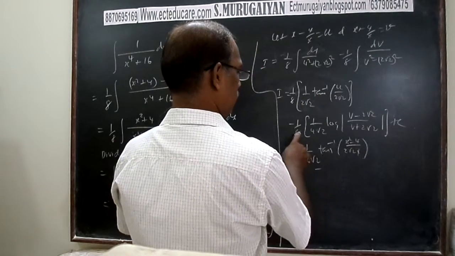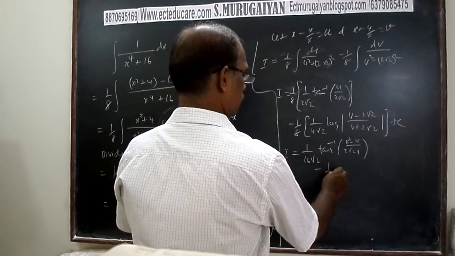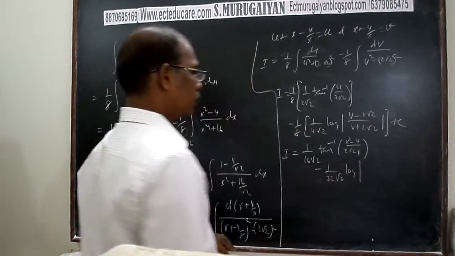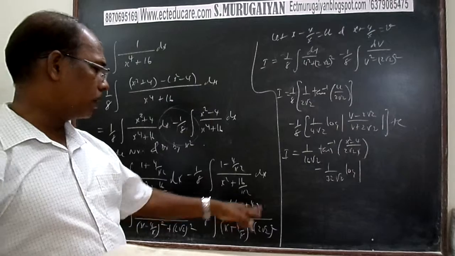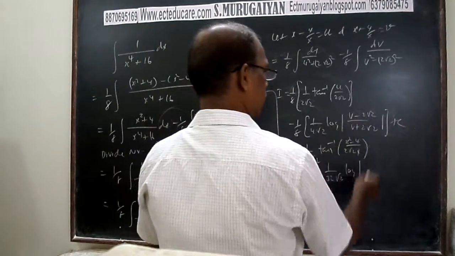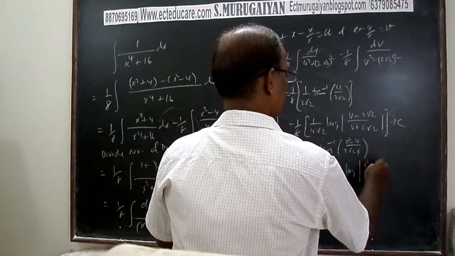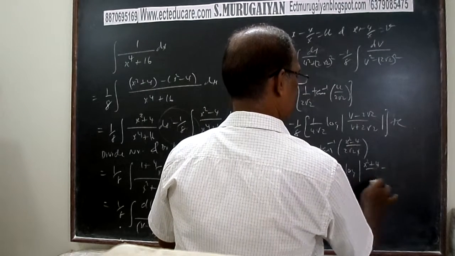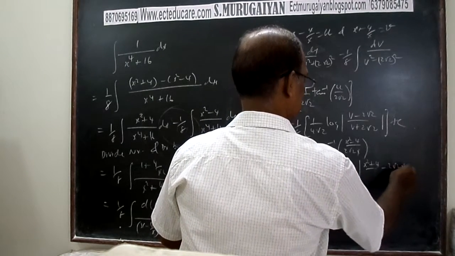And minus 1 by 8 times 1 by 4 root of 2, that is 1 by 32 root of 2, log mod of, and this is x square plus 4 by x, x square plus 4 by x minus 2 root of 2, which means minus 2 root of 2 x.